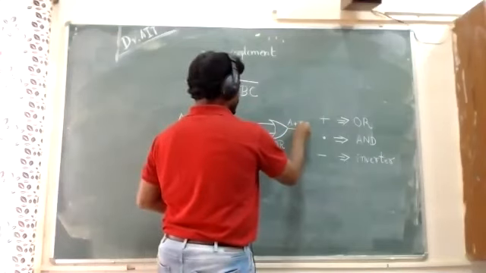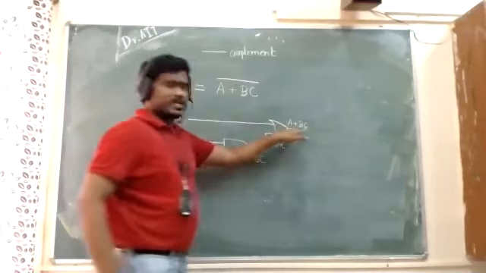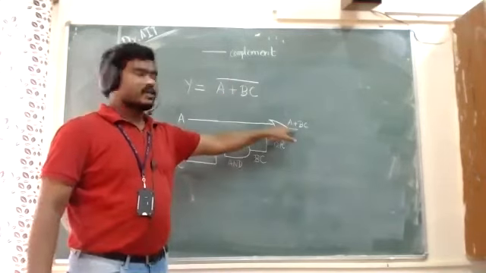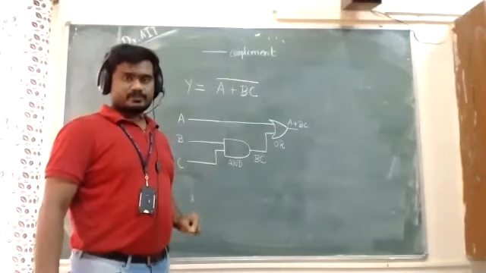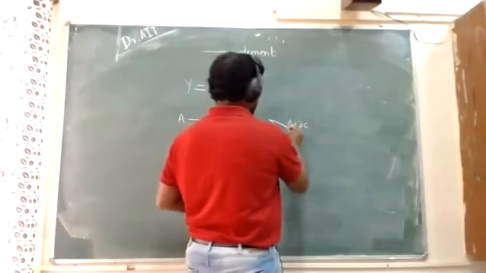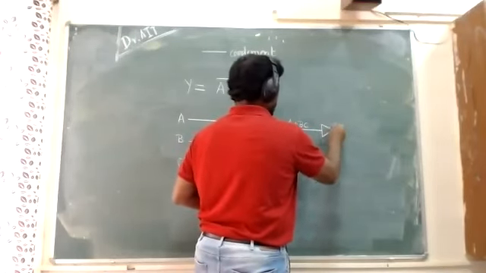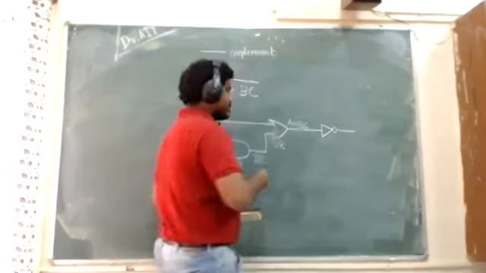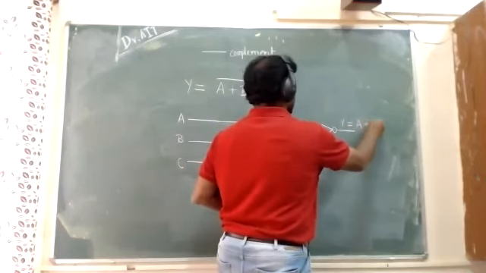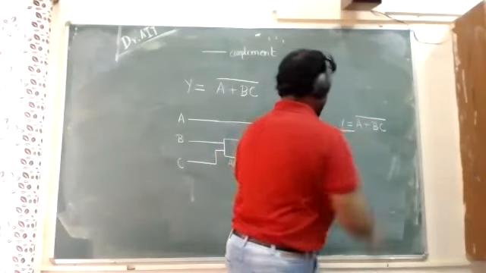Comparing this with the given expression, the difference is that the given expression has A plus BC whole bar. How do you represent this whole bar? You can represent it by using an inverter, and the output of the inverter is Y, where Y is equal to A plus BC whole bar.